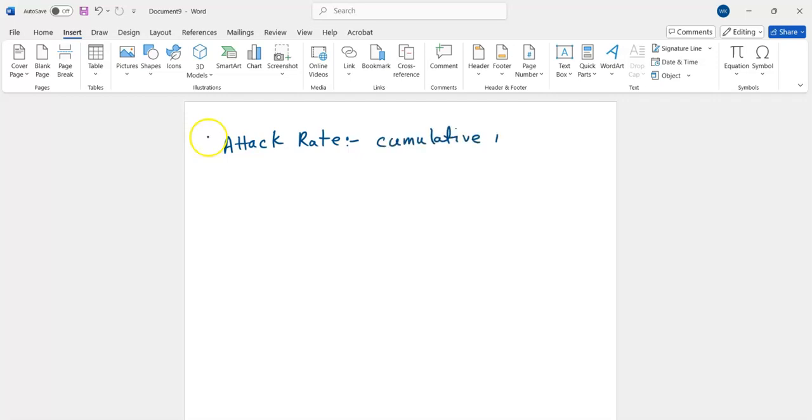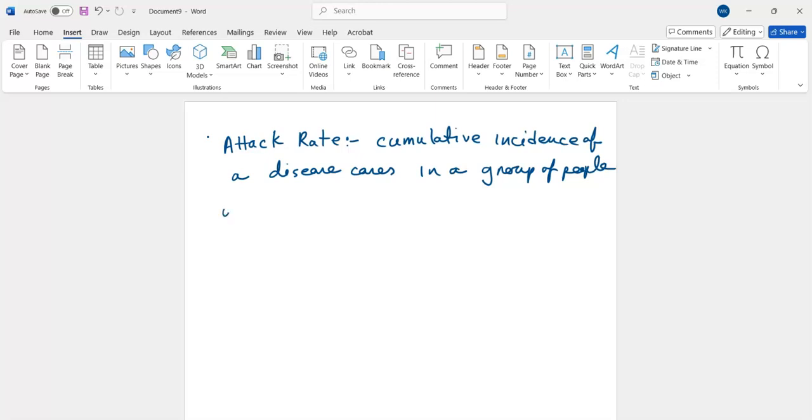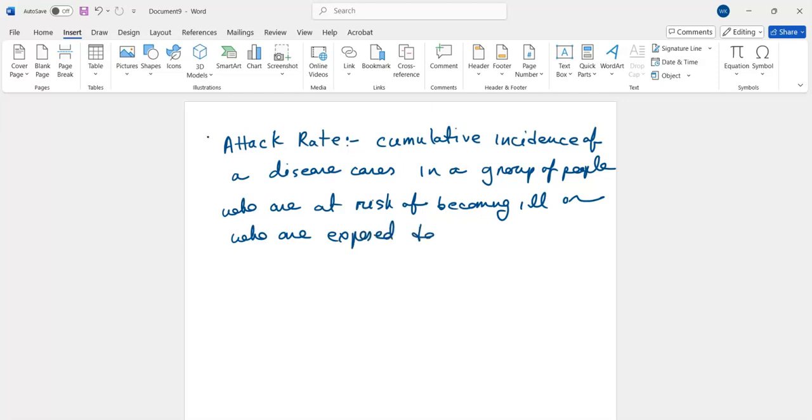Cumulative incidence of a disease, cases in a group of people who are at risk of becoming ill, or who are exposed to a risk factor.